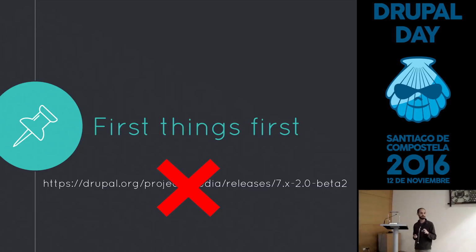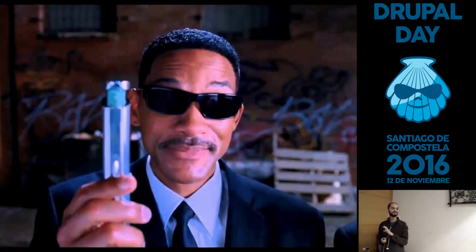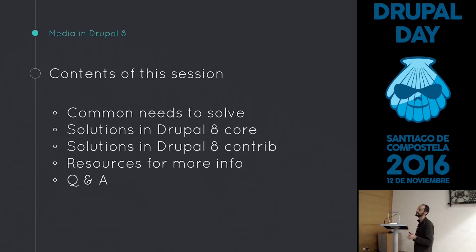Media in Drupal 8 is not related to the Media module in Drupal 7. It's not the same experience. So whatever experience you had with Drupal 7, just forget it. Let's start over. In Drupal 8, it's a new concept. In this session, we're going to start checking what are the common needs that people need to solve when dealing with media assets.